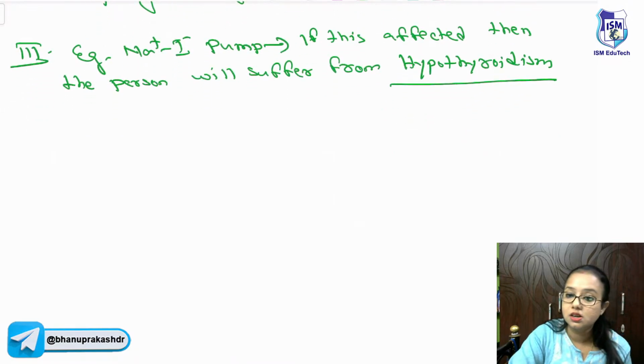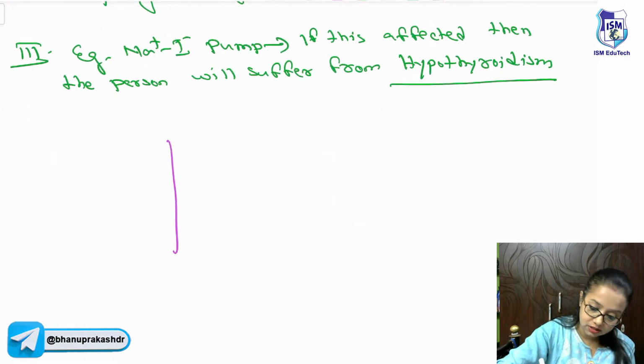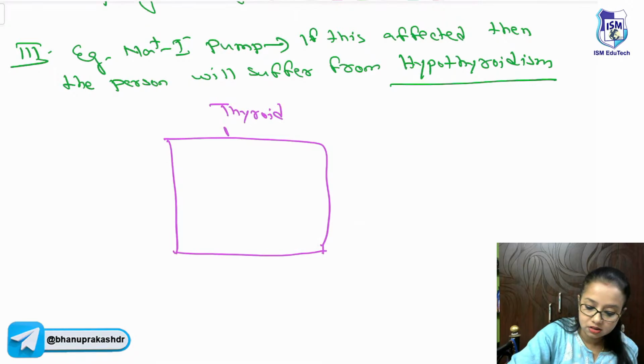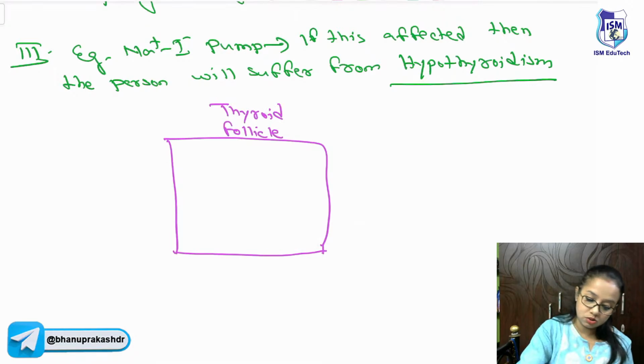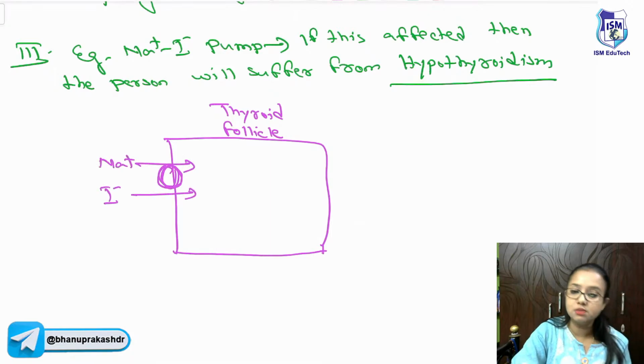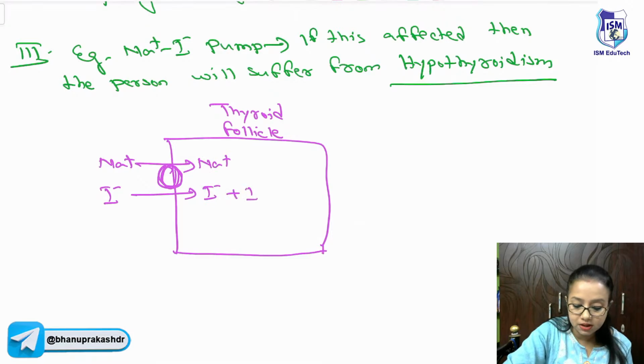Actually, how does this sodium iodide pump act? So this is the thyroid follicular cell. So here this sodium and iodide symporter acts. So by this sodium will get in and iodide will also get in. Later on this iodide will combine with the other iodide and form iodine.